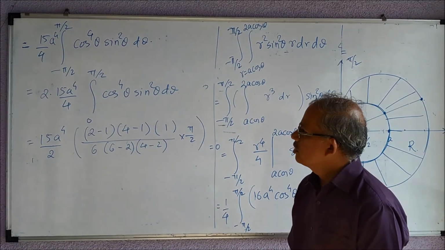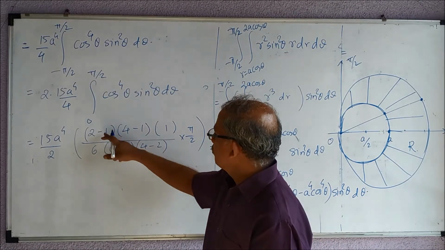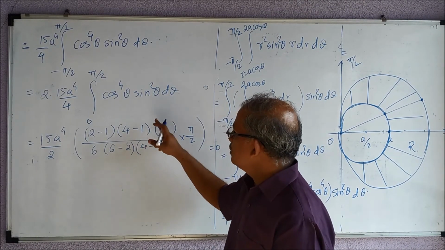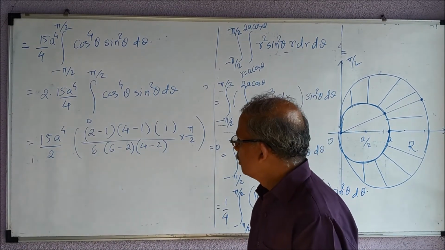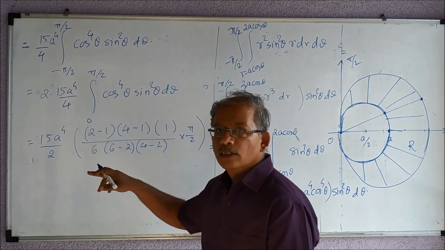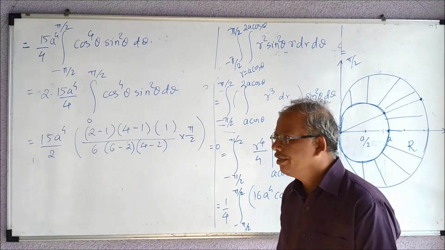So this is n minus 1, m minus 1, which is 3, 3 minus 2 is 1, then 4 plus 2 is 6, 6 minus 2 is 4, and 4 minus 2.